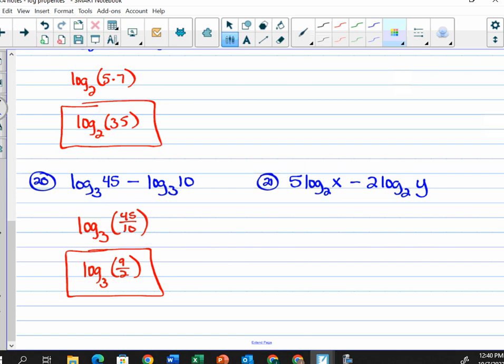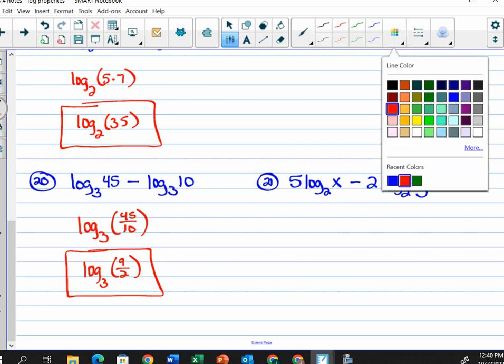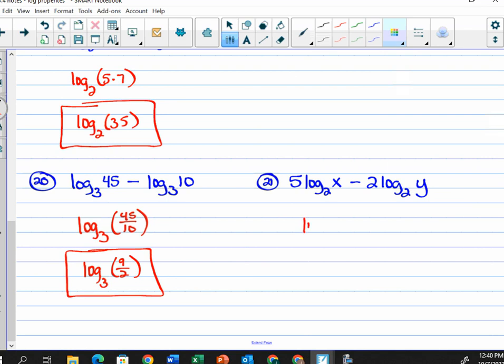Can you write it as a single log? Yep, you can. Give you a second here to think about it. Got it?